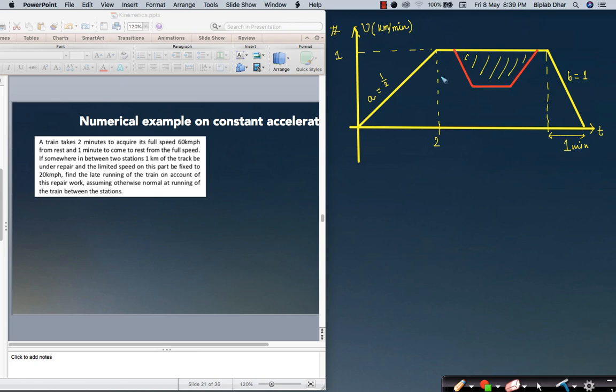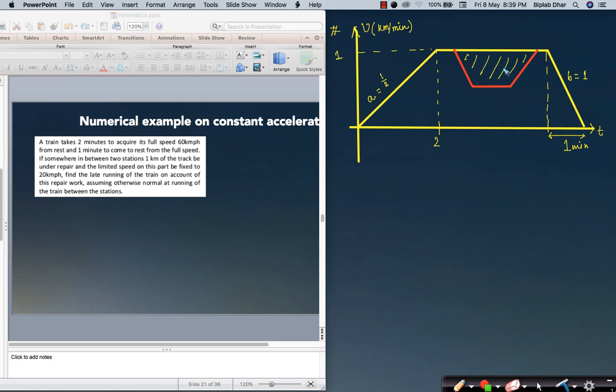As the area under the v-t graph gives the total displacement, now the total displacement you will find is this much, but the distance between the stations remains the same. So after moving this 1 kilometer, the train has to manage this much distance, and this much distance it will move with 60 kilometer per hour or 1 kilometer per minute.